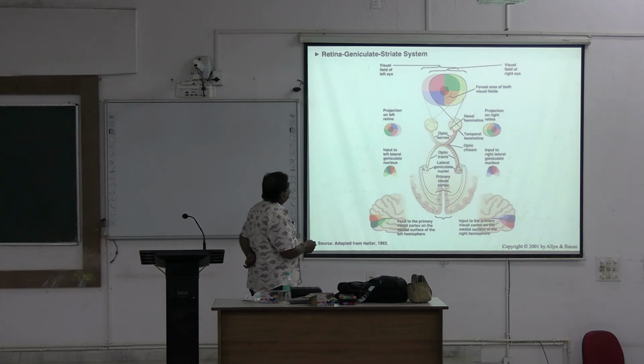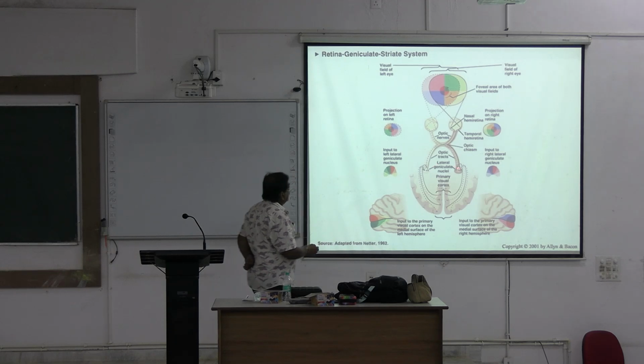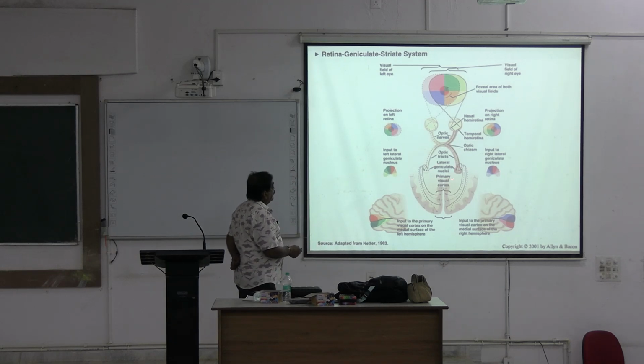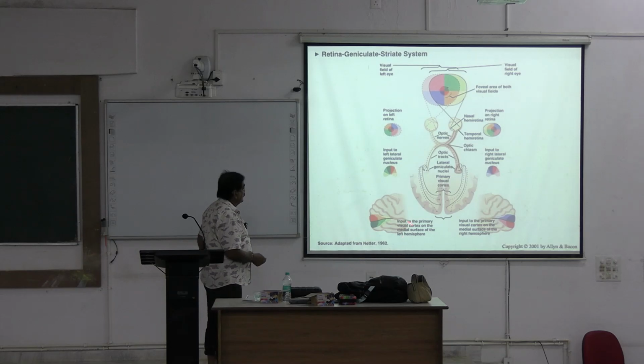These are the optic nerves, the temporal hemiretina, nasal hemiretina, projection on the right retina. Now, optic chiasma, the optic tract, lateral geniculate nuclei, primary visual cortex. Input to the primary visual cortex on the medial surface of the left hemisphere.